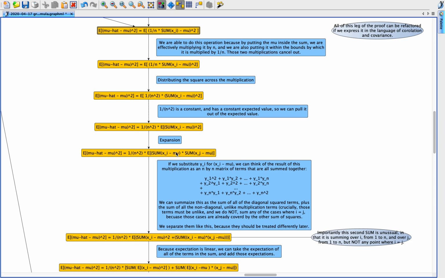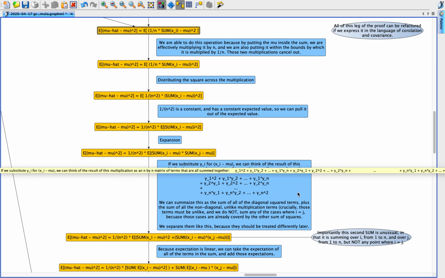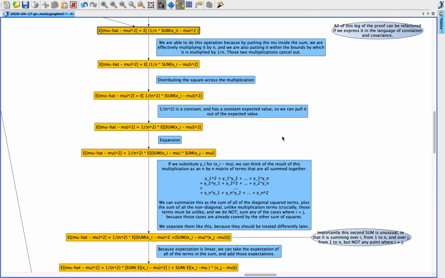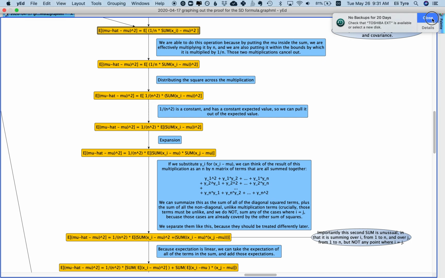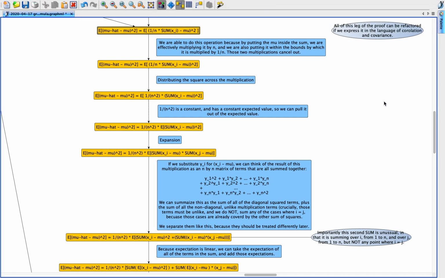Important. We are keeping this xi here. We're renaming xi into two variables, xi and xj. Both of these are independent draws from the population, but I'm giving them two names just as a way to remind myself that they're not equal.